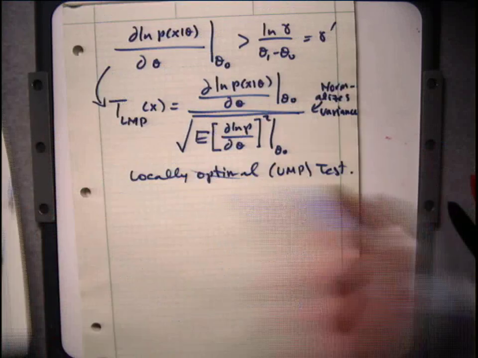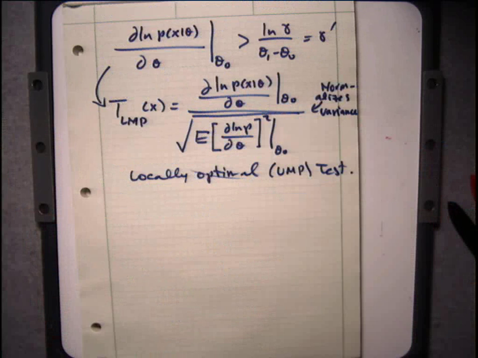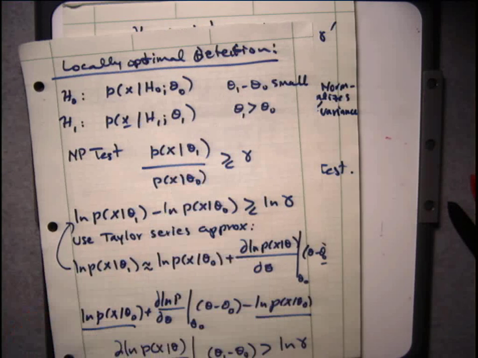Then you can do this test locally and get a locally optimal test, which means that for values of the parameter theta that satisfy these conditions, you can fix a false alarm rate and get the maximum possible probability of detection. Okay? That's pretty nice. Given the fact that you didn't get rid of the unknown parameters, they're there, you're sort of dealing with them in a particular way.